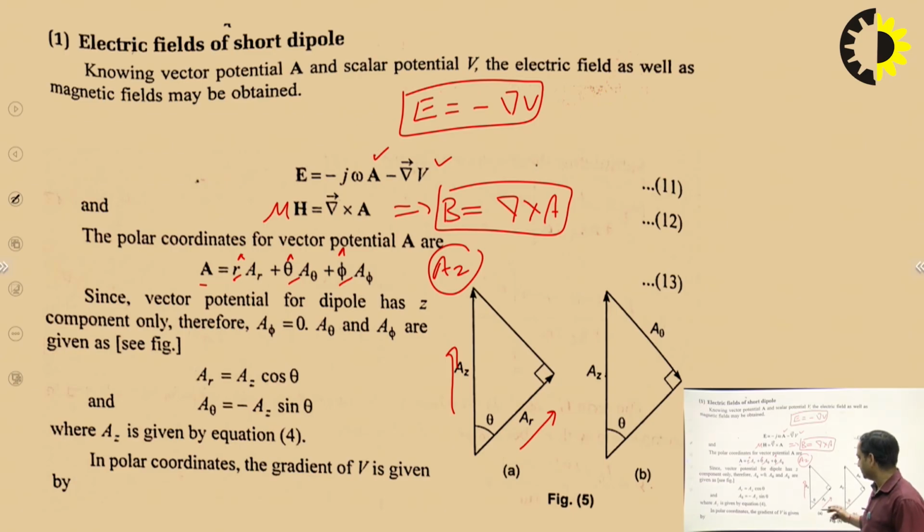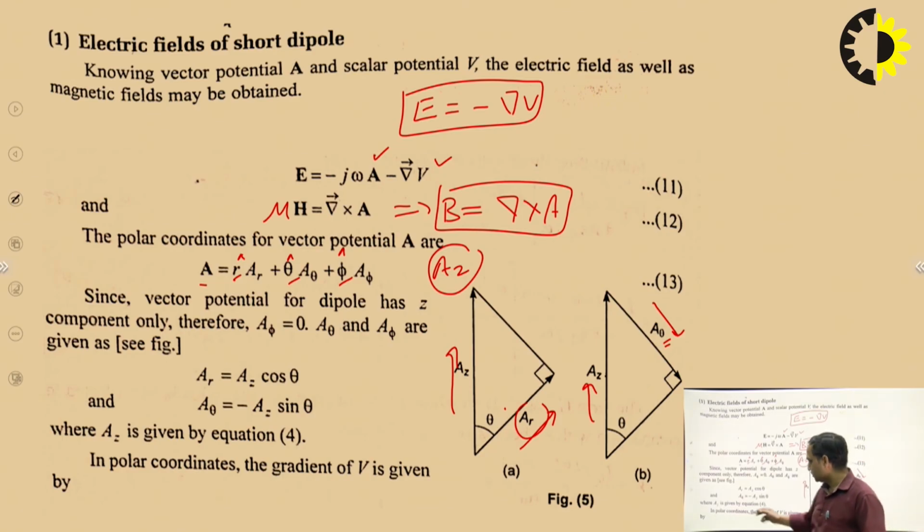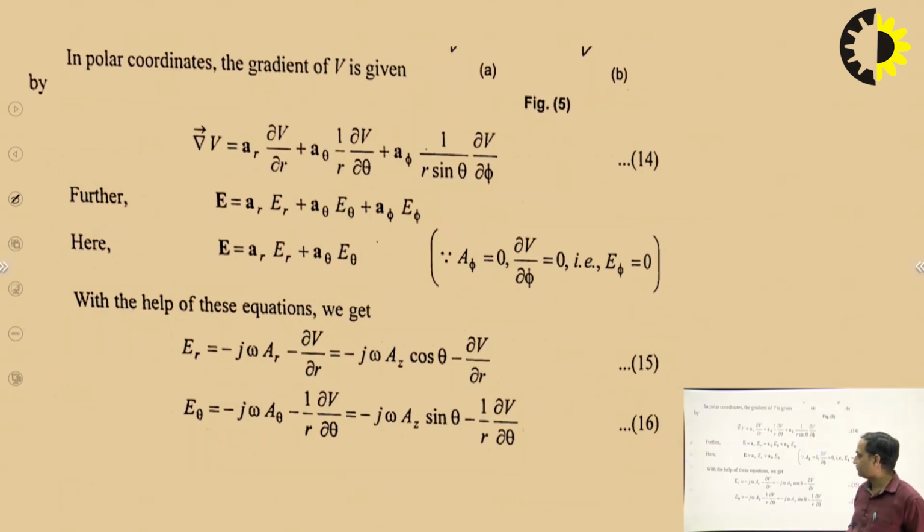So A r is A z cos theta, A z is in this direction, A theta is in this direction, and A theta will be equal to, with the minus sign, minus A z sin theta. So A z is given by equations like this. When we write it in polar form in the spherical coordinate system, the gradient of the potential will be equal to this one.